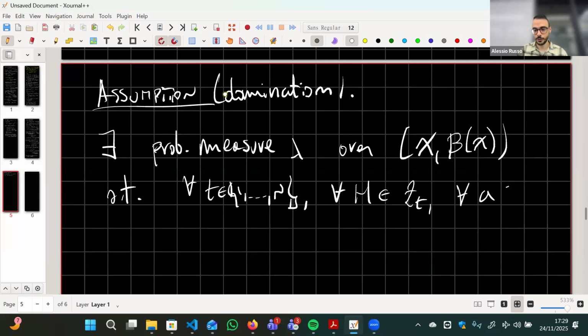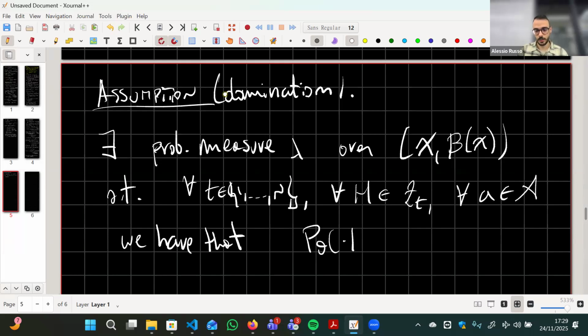For any actions a, we have that p theta in h a is dominated by lambda. And this holds for all the parameters theta.